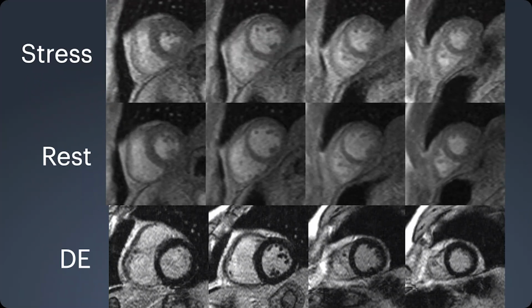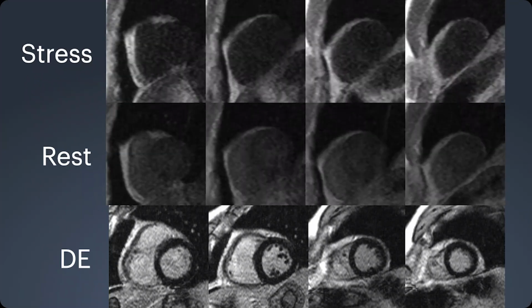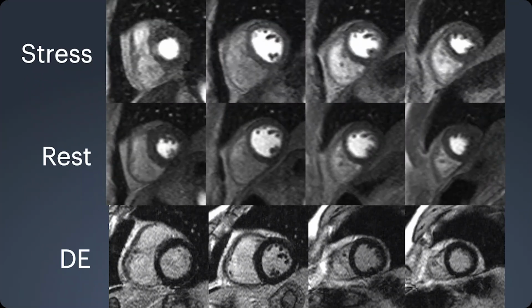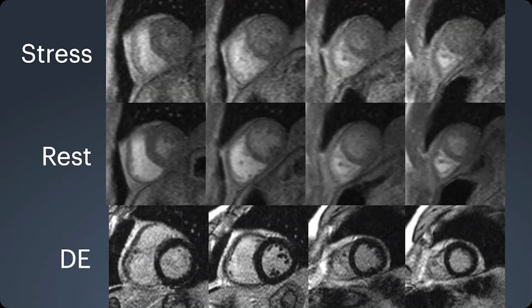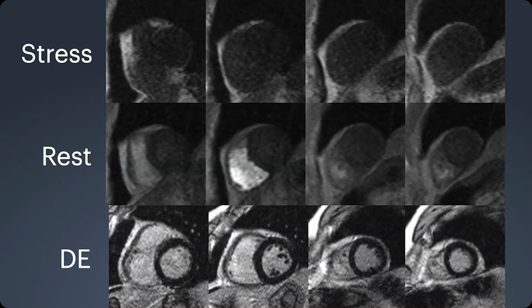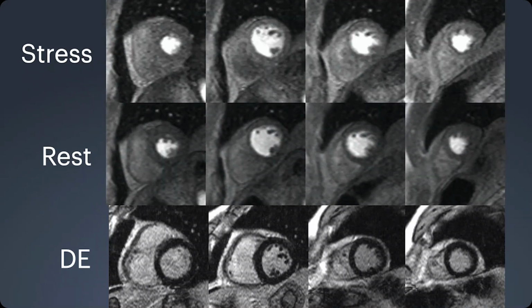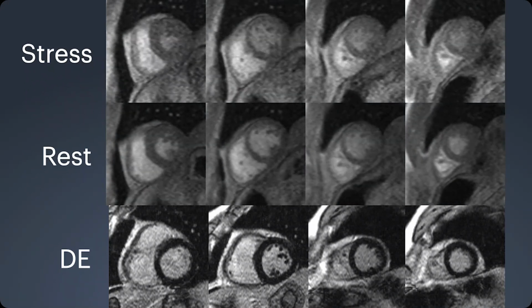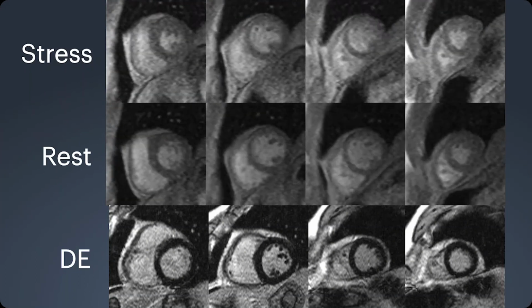So let's look at our stress. We're looking for, again, perfusion abnormalities, which we don't really see. And we're looking for something that persists throughout the cycle. We'll look at the rest images just to be sure, and again, we don't see any abnormality.